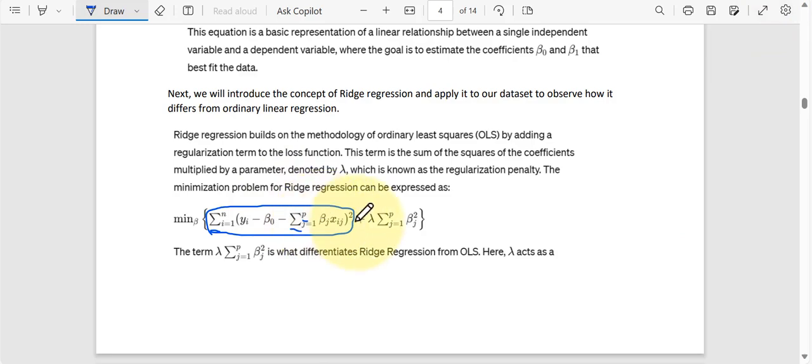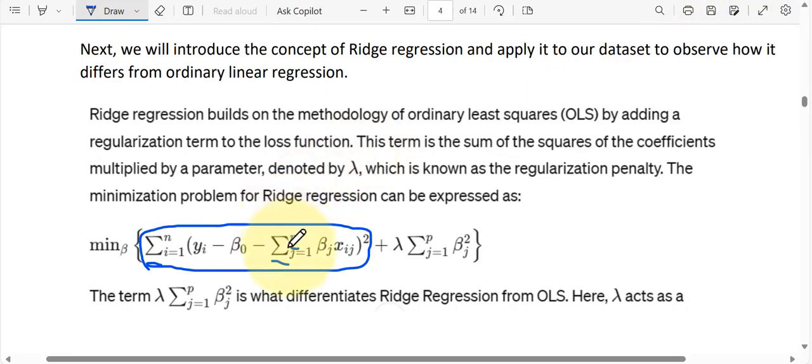So that's this p here. So what are we doing? We're summing up from 1 to p. What does that mean? We're summing up over the independent variables. And this is j, so we're summing over all of the independent variables as we change j.